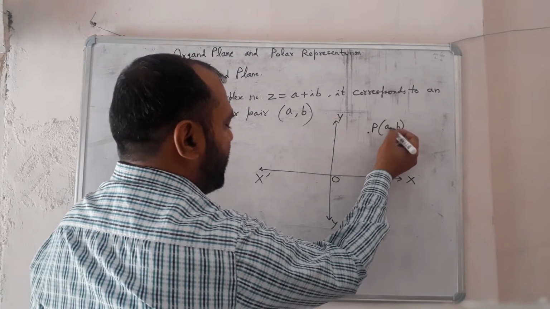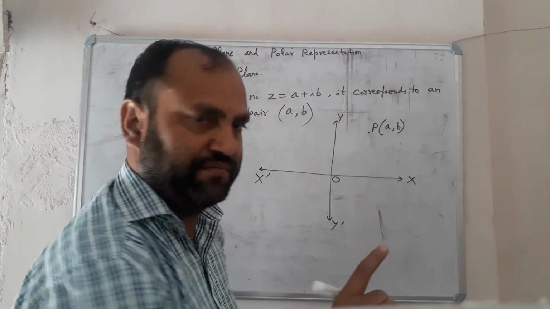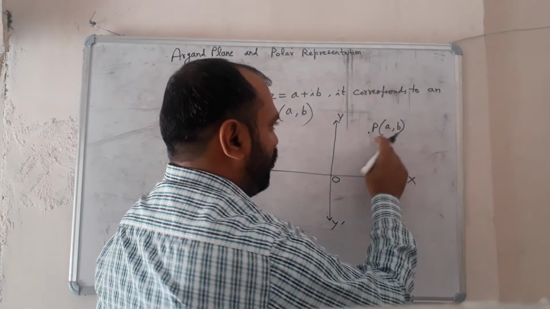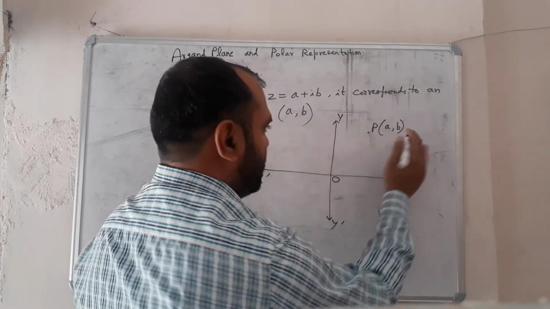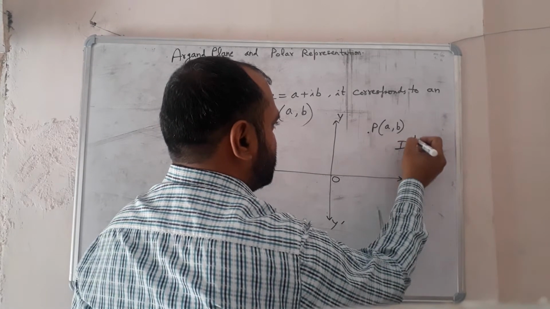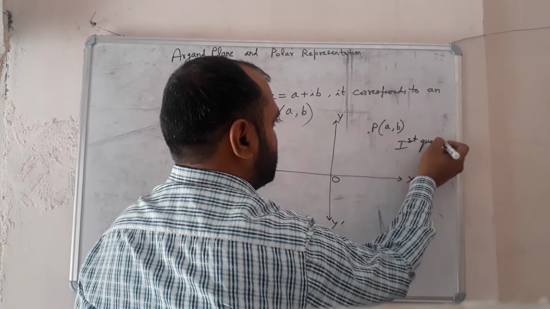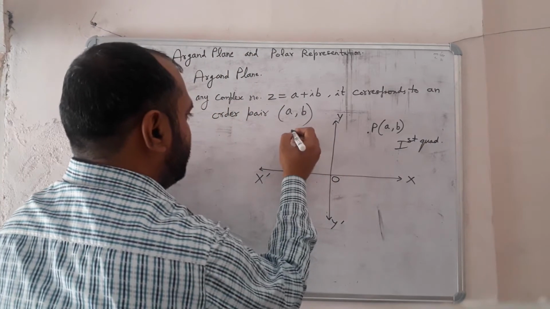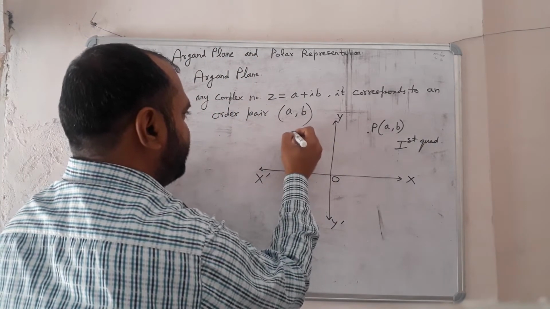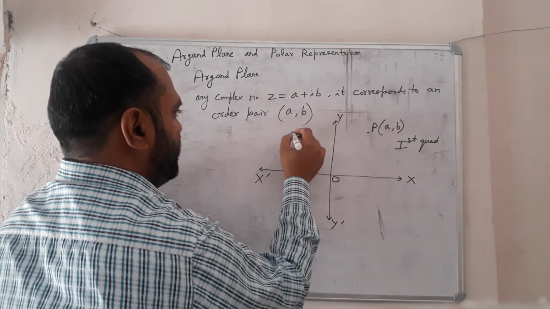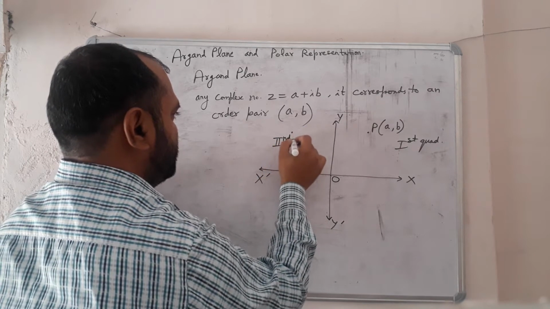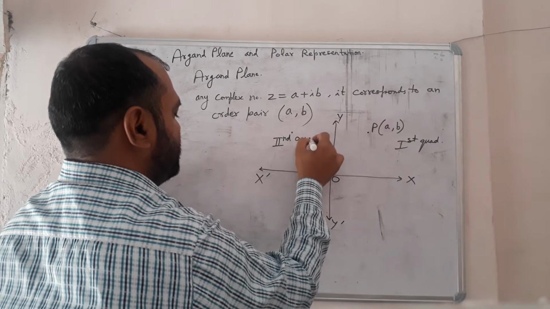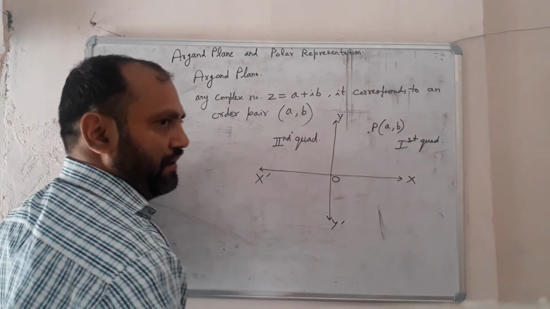If a and b both are positive, then it lies in this first quadrant. If a is negative and b is positive, then it is in second quadrant.